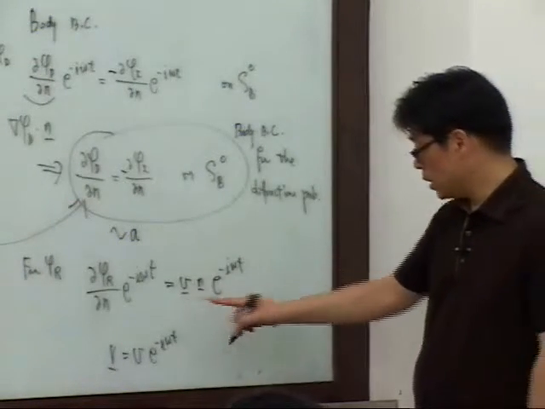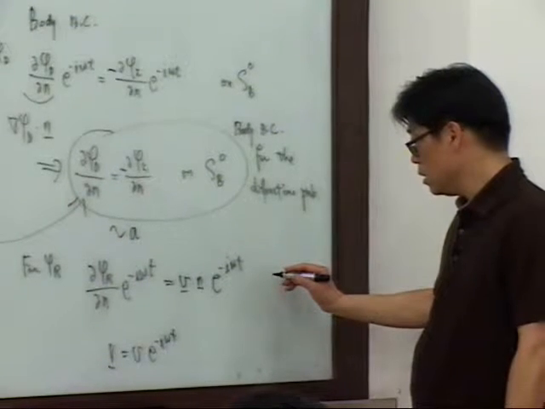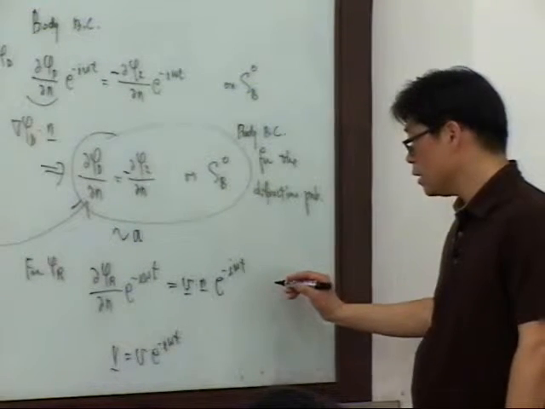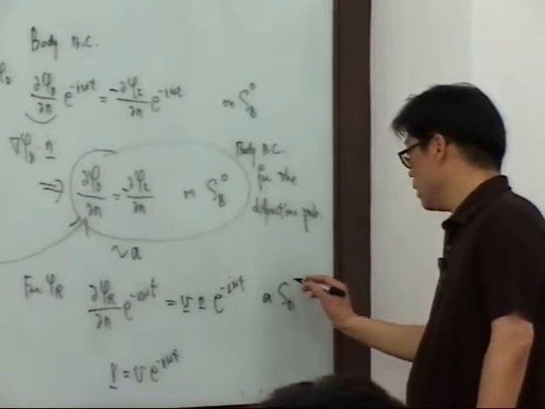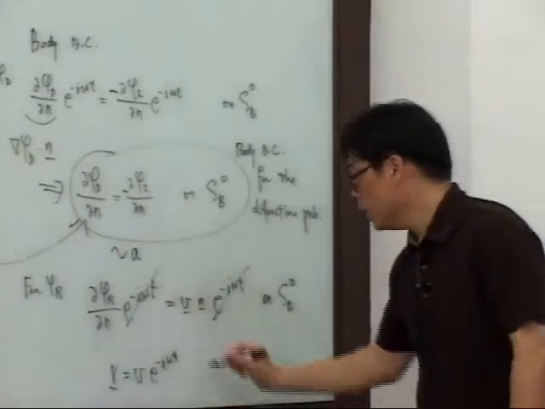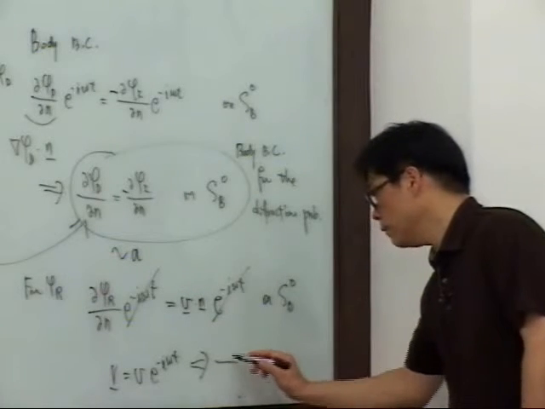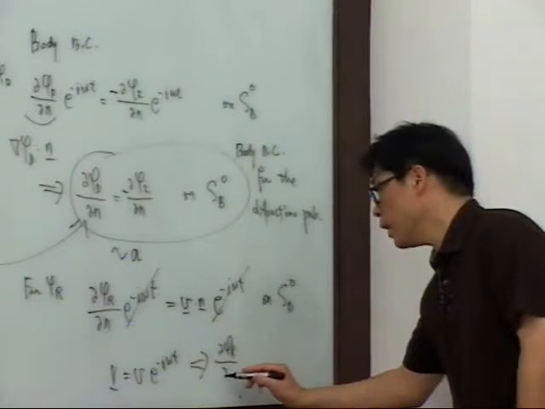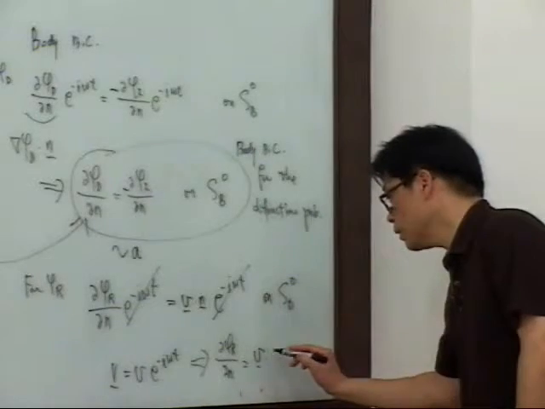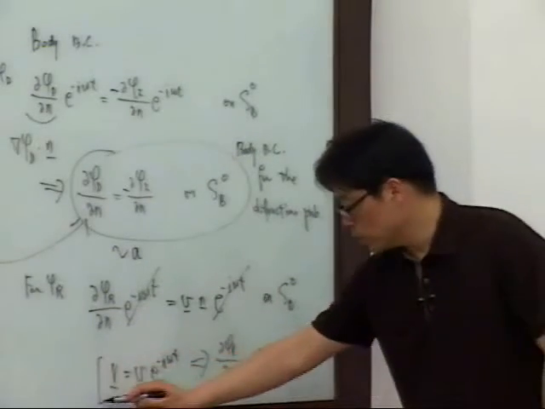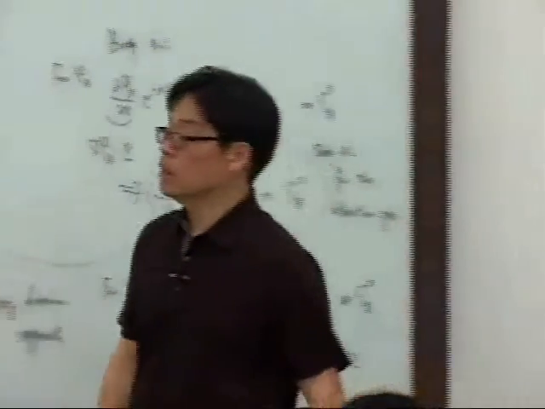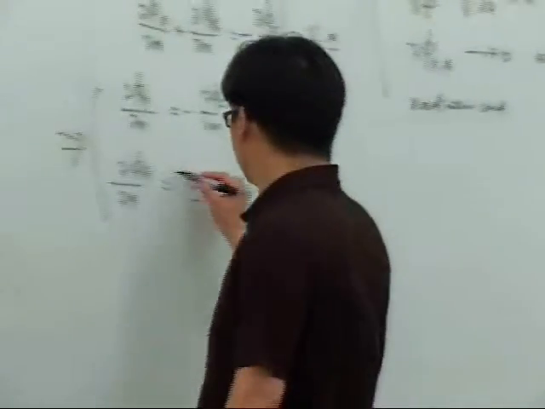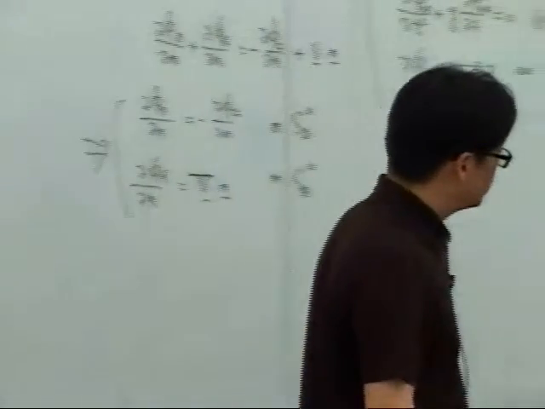And so that is only a function of space. So we can drop that, and then at the end I have d phi R dn is equal to v dot n. So with this representation. Okay. So this v is capital V here. This is a vector.